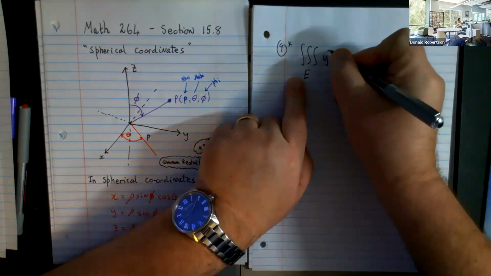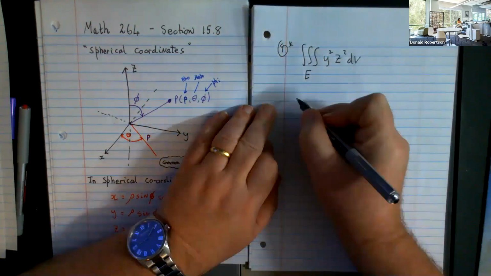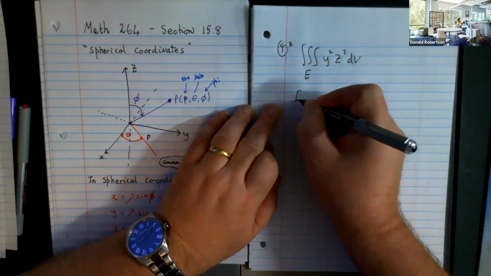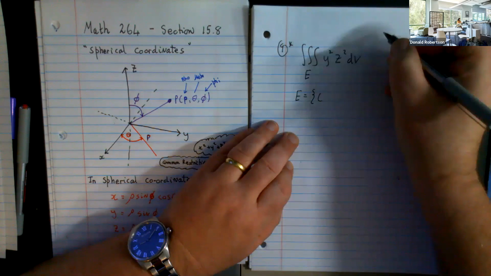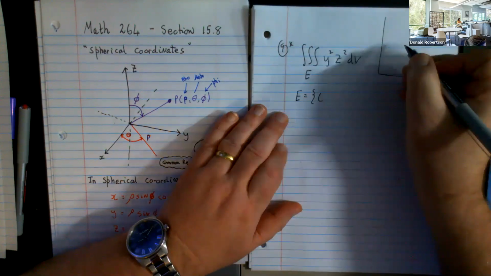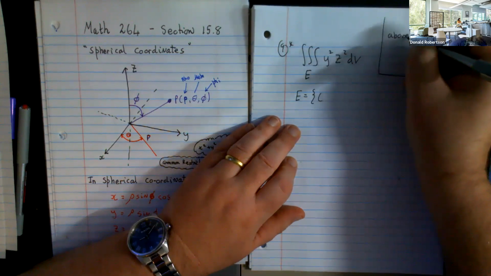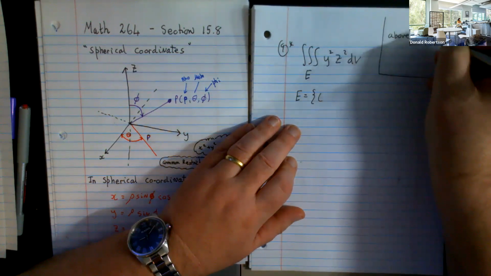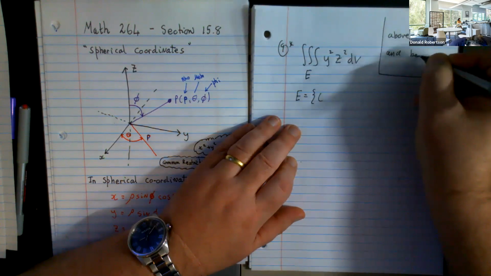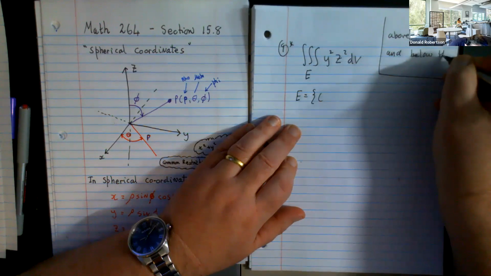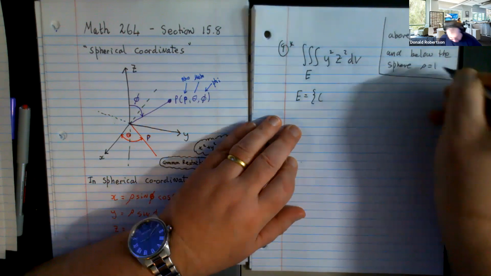So I'm not too concerned about that. It's going to be y squared, z squared, dV. Okay, let's figure out who E is. Oh, I haven't told you who E is. E is described as above phi equals pi upon 3 and below the sphere rho equals 1.